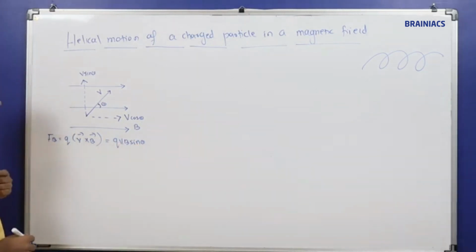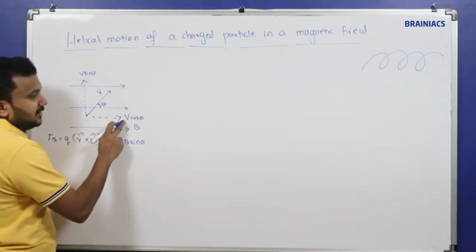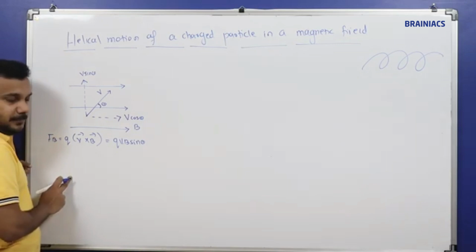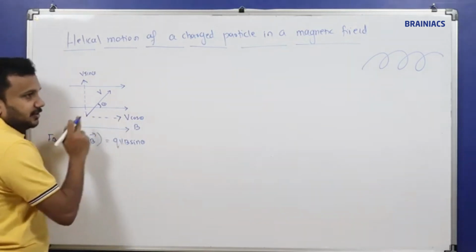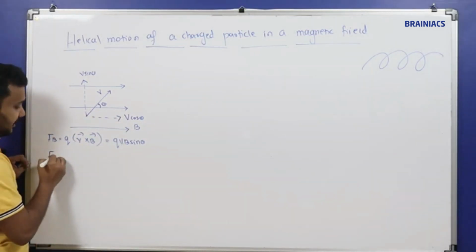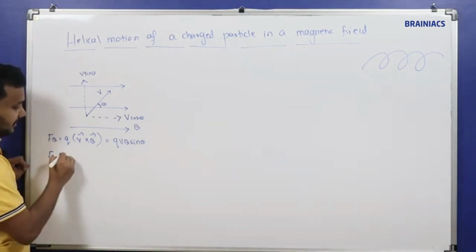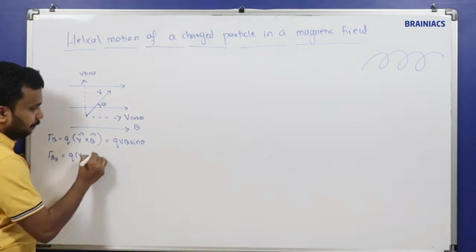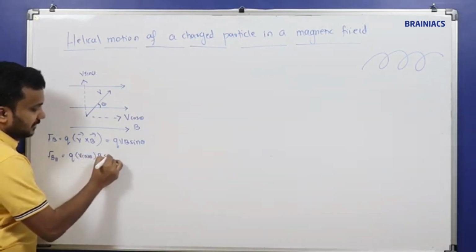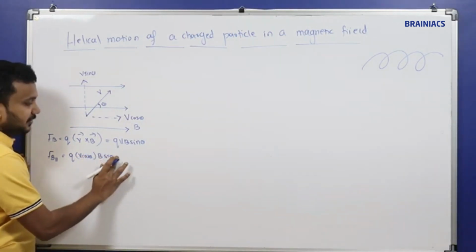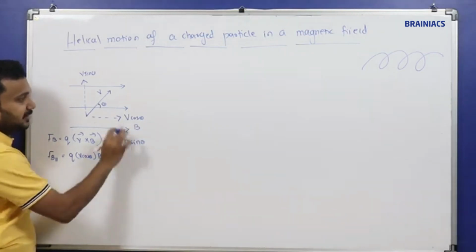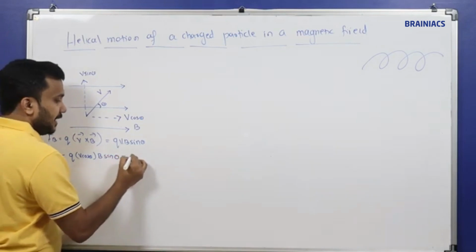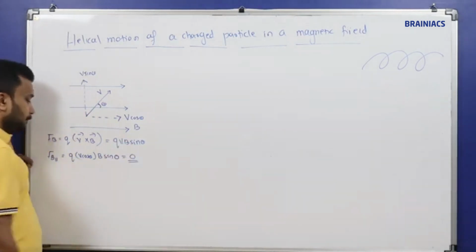Now we have two velocity components. One is v cos theta along the direction of B. So the parallel force is q into v cos theta into B into sin of the angle between them. Both are in the same direction, so the angle is 0 and the answer is 0.